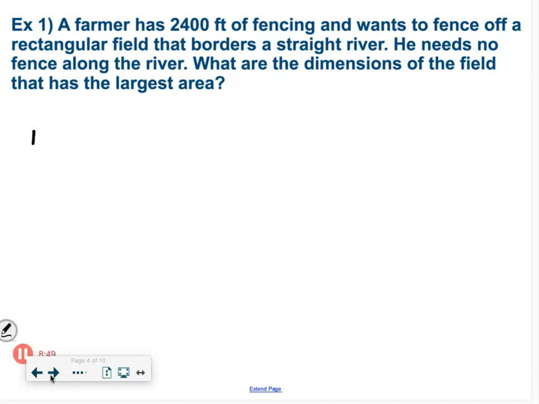So I draw a rectangle, and one side is the river. Pick a letter for this dimension. X. Pick a letter for this dimension.